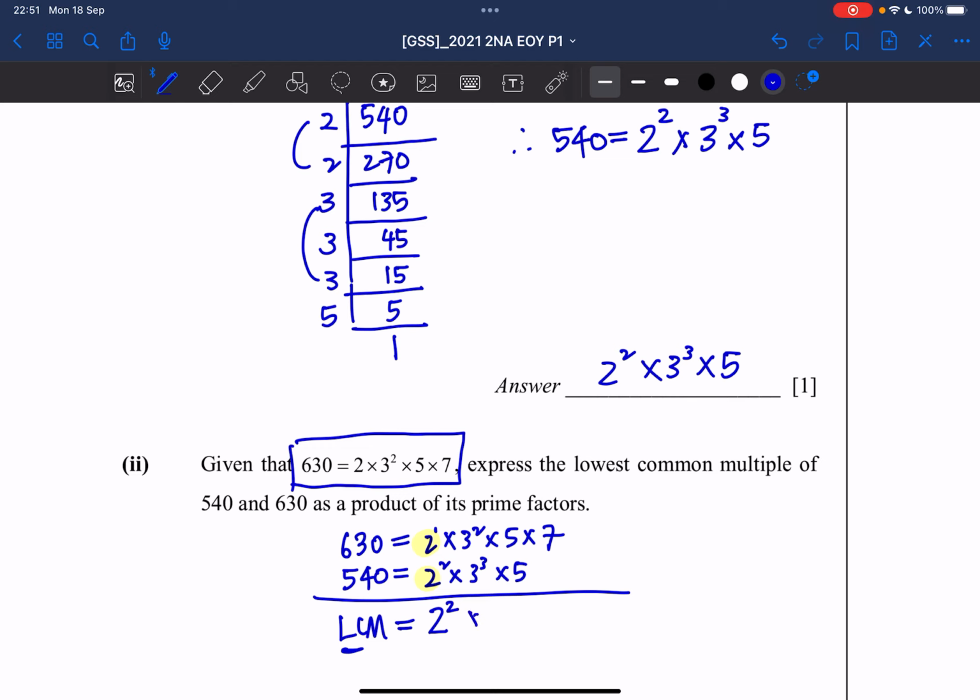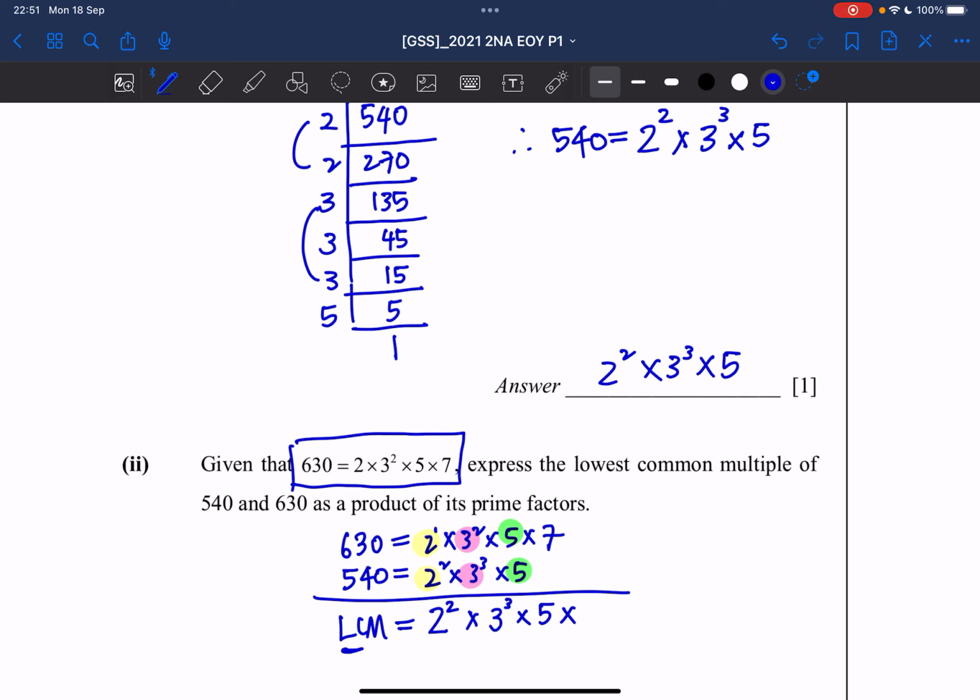Then times. Our next number is 3 and 3. So we take 3 and we take the highest power, which is 3, times. You notice 5 and 5 here. So we just take 5. Now, if they want highest common factor, we will stop here.